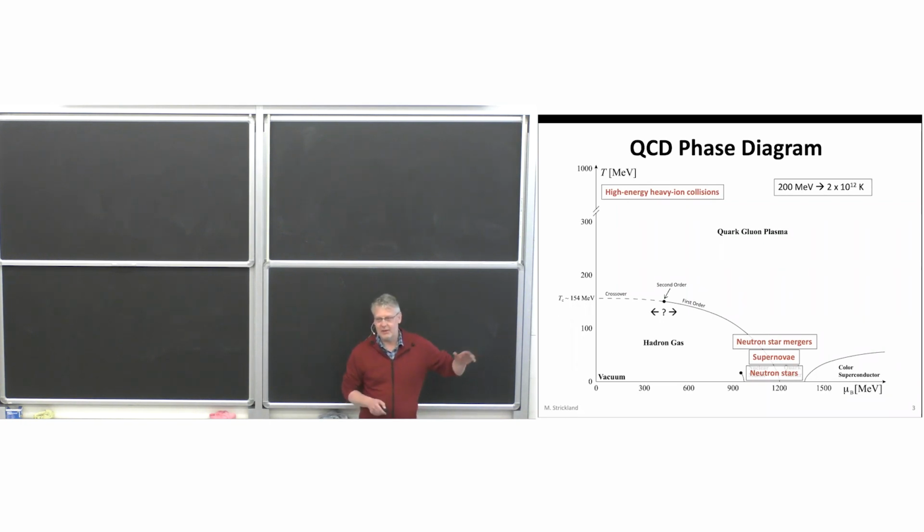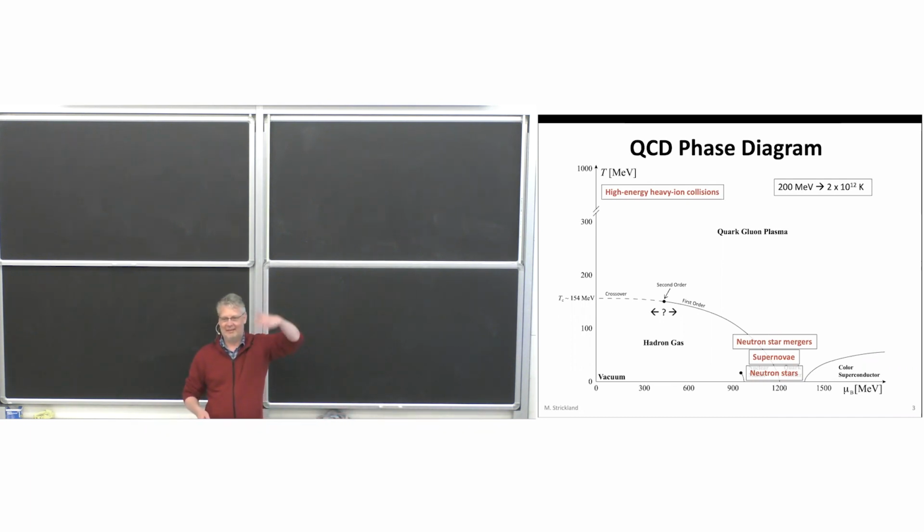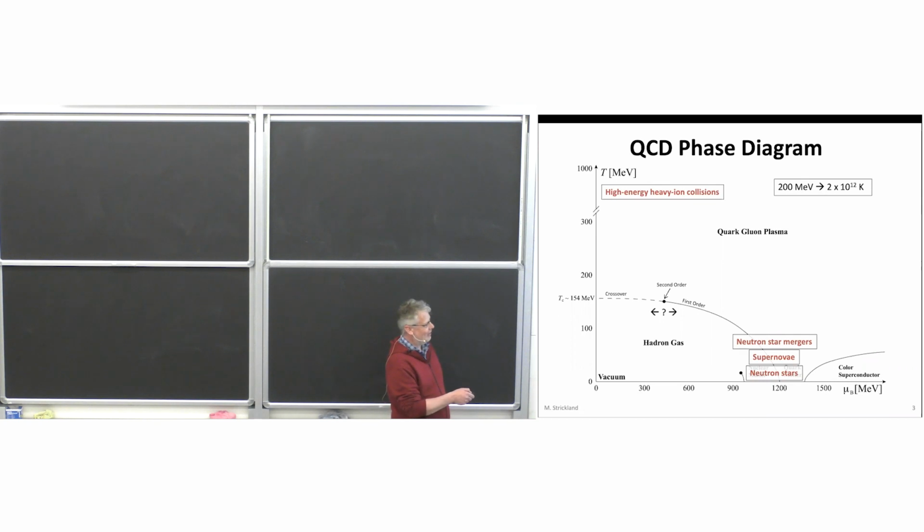There's a little bit of uncertainty here because if something is a crossover, it's smooth. You can't say something is discontinuous and you go from one phase to another. You have to define some sort of peak in some susceptibility or something in order to say where this is. But based on the standard accepted lattice measurements, this phase transition is at around 154 MeV.